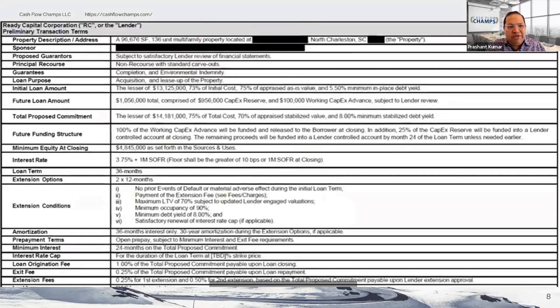So all these can be negotiated, like the interest rate cap. Most of these lenders want an interest rate cap, right? If SOFR keeps going up from 4.75, which is today's rate, your interest rate could go through the roof. So most of these lenders want rate cap insurance.